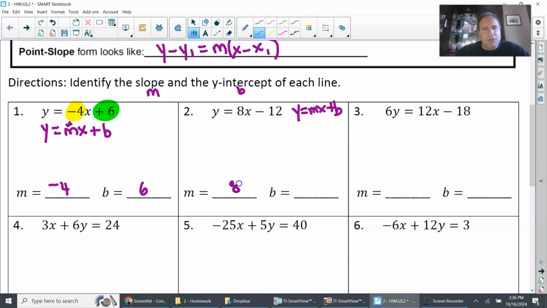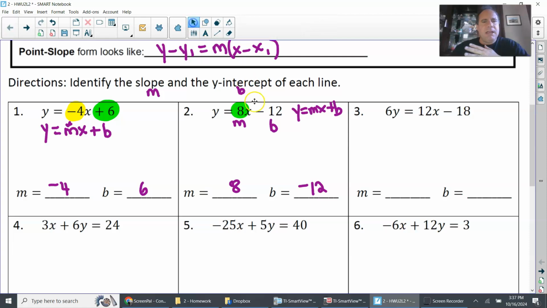So 8 is the slope, and -12 is the y-intercept. So that's your m, and this is your b. And remember, when you think about what the slope is and what the y-intercept is, you have to make sure that you have the sign that is before the number with that number.